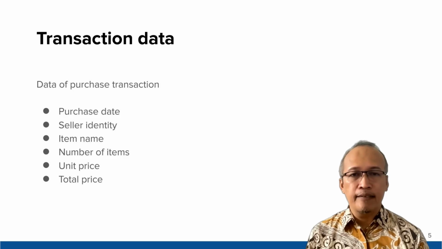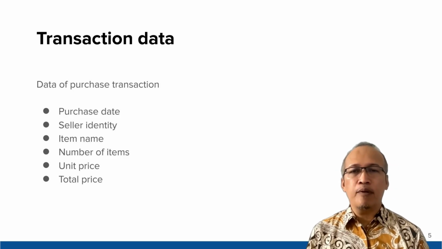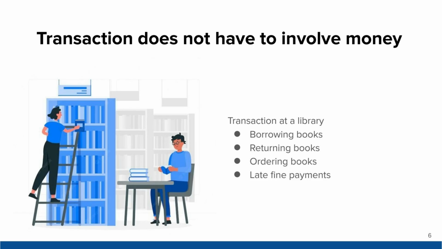Pretty useful, right? But here's something interesting. Transactions don't always have to involve money. Wait, transactions without money? Absolutely. Think about a library. Every day, lots of transactions happen there, and most of them don't involve cash. Borrowing a book, that's a transaction between a library member and the library. Returning a book, another transaction.